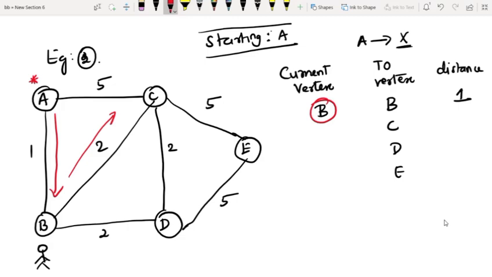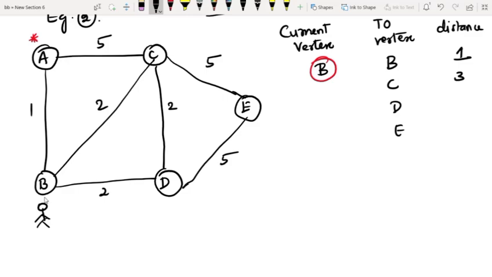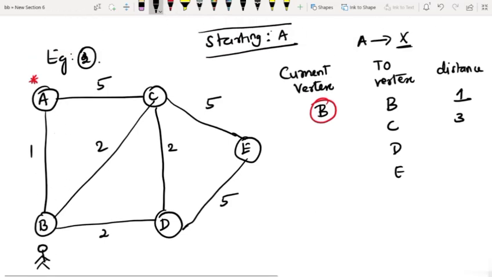So 1 plus 2 is 3. So that is the distance from A to C. You should go only this way because your current vertex is B. So from A to C, 1 unit plus 2 units, so 3 units must be given. If you are at current vertex B, then from A to C, you have to move 3 units, right? So I am giving 3.